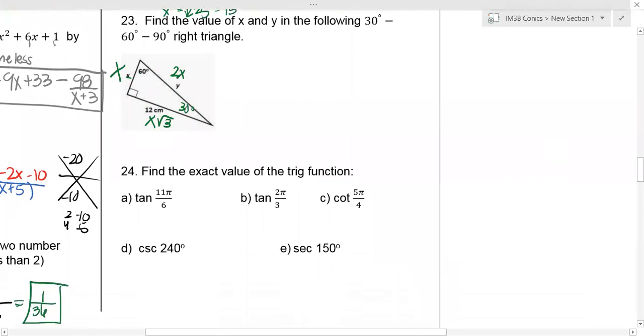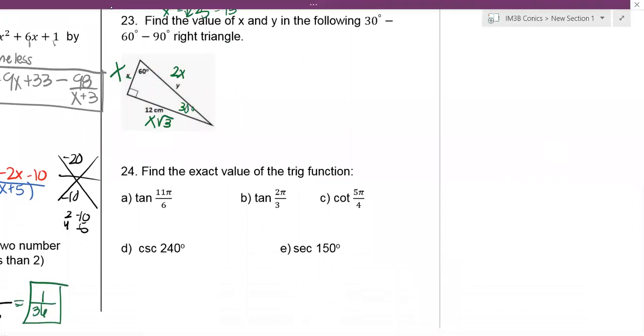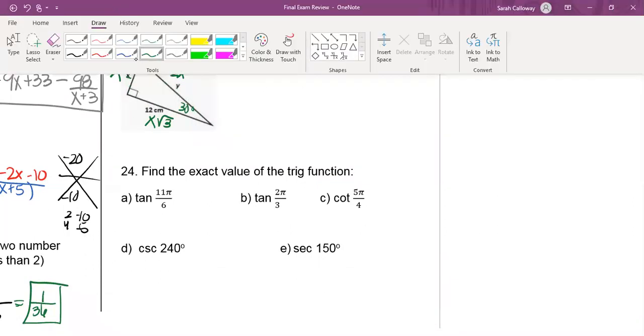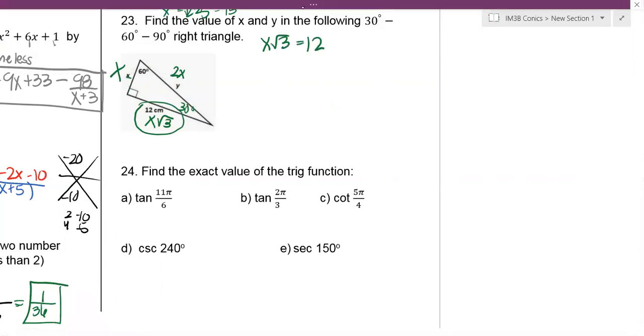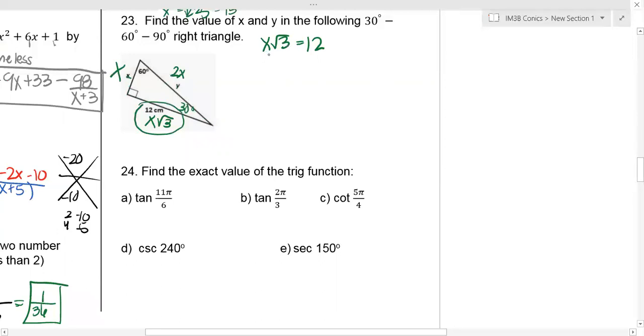So if I want to solve for x, I have one equation that I can use because this tells me x equals x and y equals 2x. So all I can use is the idea that x rad 3 is equal to 12 centimeters. And so I can divide both sides by rad 3, which tells me x equals 12 over rad 3.